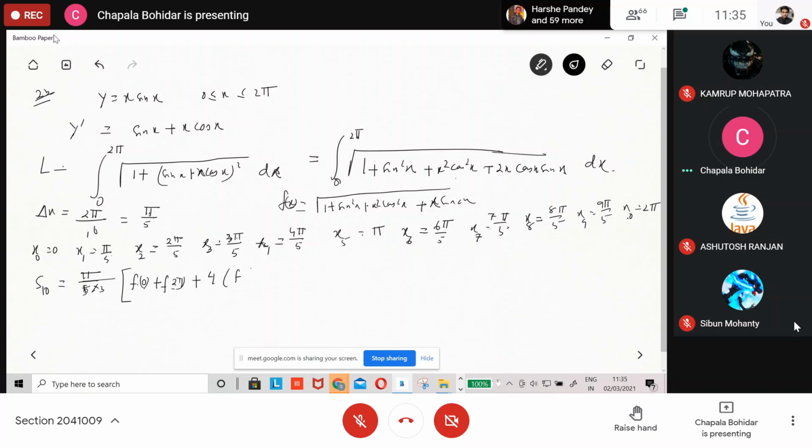Then plus 4 into all the odd ones: f of pi by 5, plus f of 3 pi by 5, plus f of pi, plus f of 7 pi by 5, plus f of 9 pi by 5.